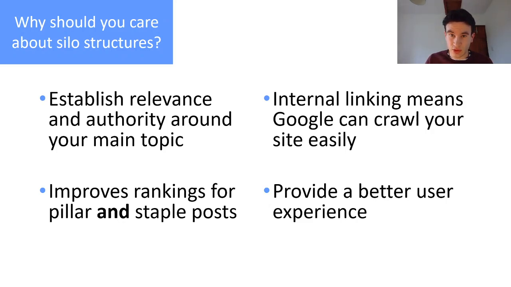It's all supported content. So it helps Google know exactly what it's about, and it means that your pages become more relevant. It also helps build your authority around that topic, so it improves the rankings for your pillar posts and your staple posts as well.